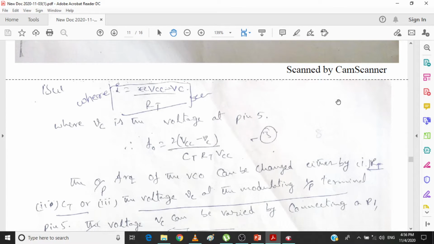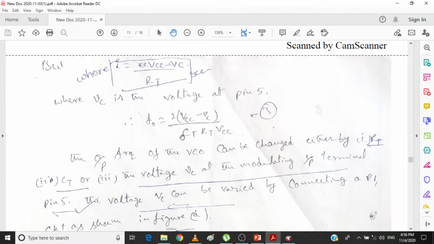Based on this particular equation, we can comment that f naught depends on three parameters now: the VC, CT as well as RT. We can't change the VCC, which is the power supply applied to the VCO IC.